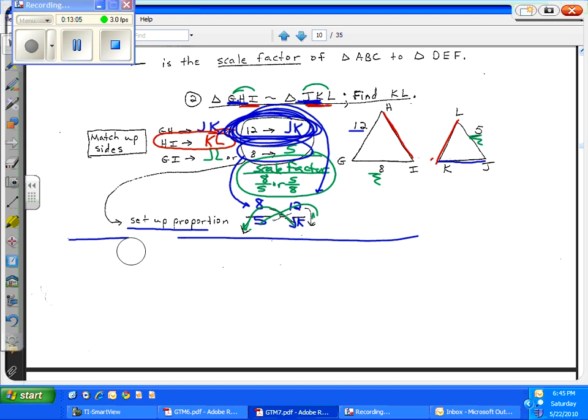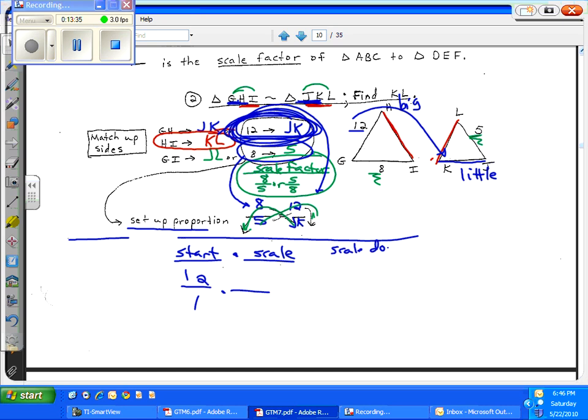And the way we do dimensional analysis is start times scale. Start times scale. So we're starting with the 12 over 1, and we want to multiply by the scale. So we think, I'm trying to go from 12 to its partner JK. Now that's going from the big triangle to the little triangle. So I need to get smaller, and so I'm going to scale down.